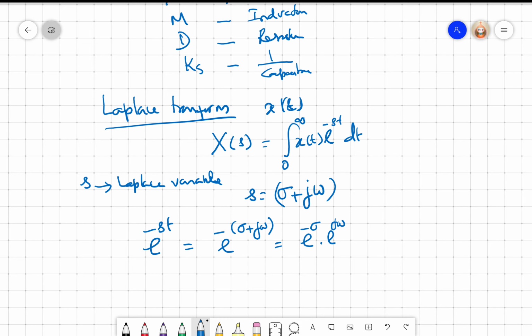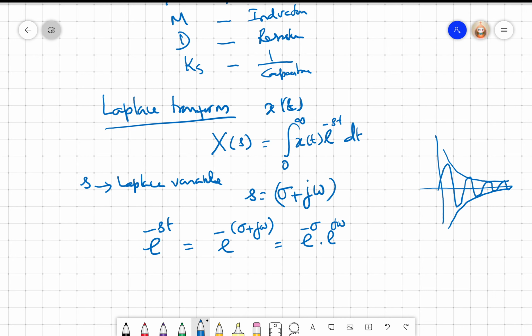And if I look at this, if sigma is positive, then e power minus sigma would be something like this, exponentially decreasing one. If sigma is negative, of course it will be an increasing one, and j omega would be sin omega t plus j cos omega t.